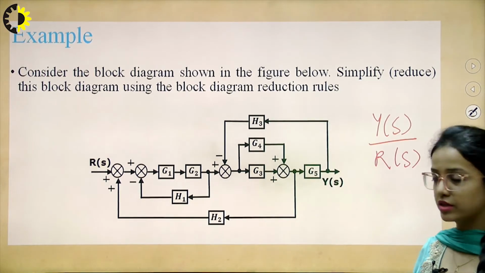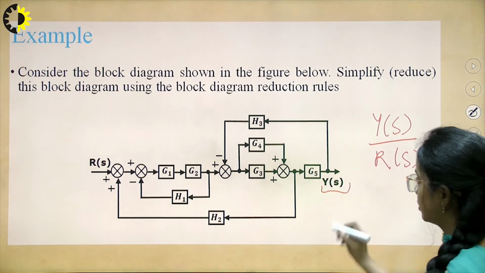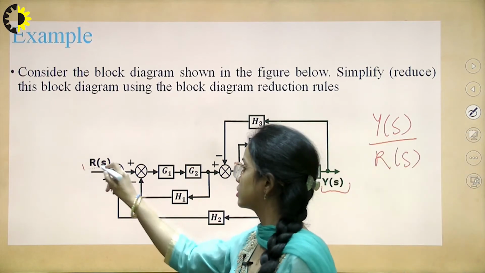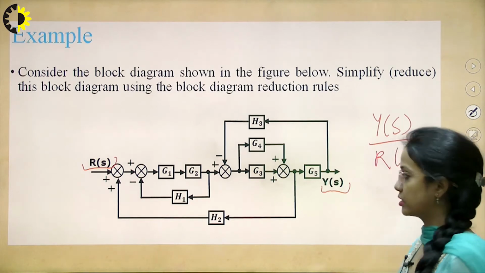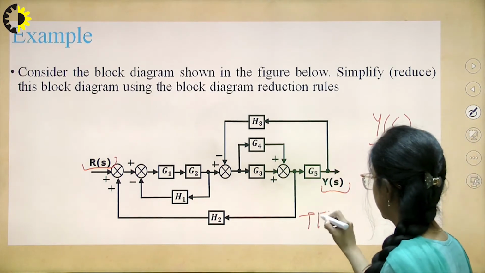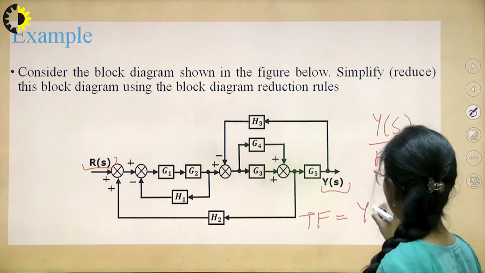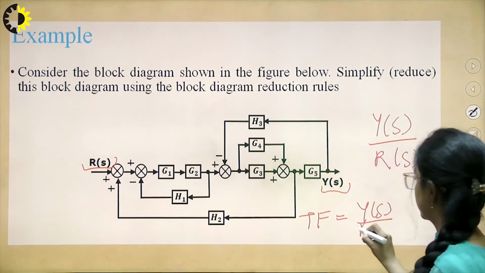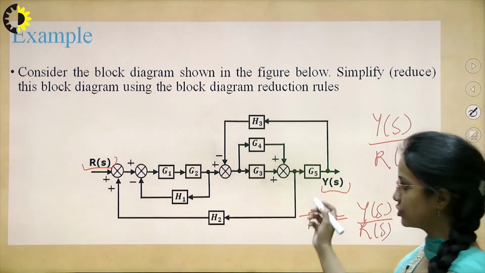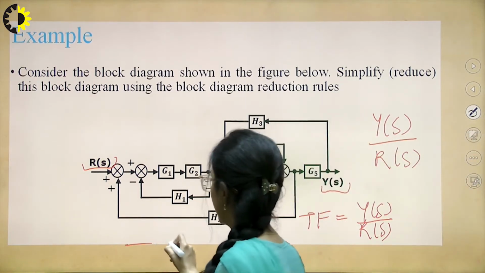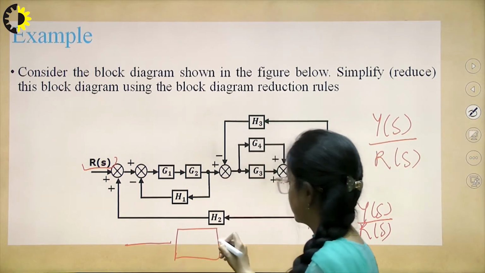We can see that this is the output and this is the input. So I have to find out a transfer function that gives the ratio of output to input. In other words, I have to reduce the complete block diagram into a picture like this.